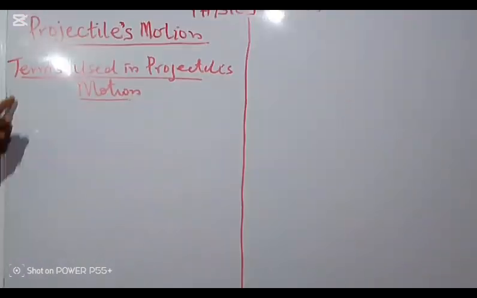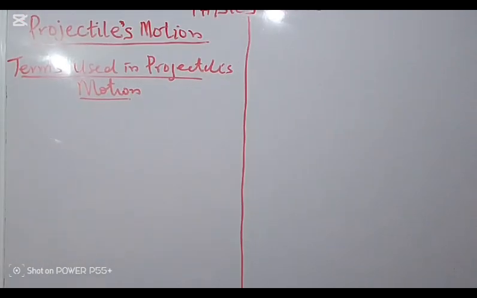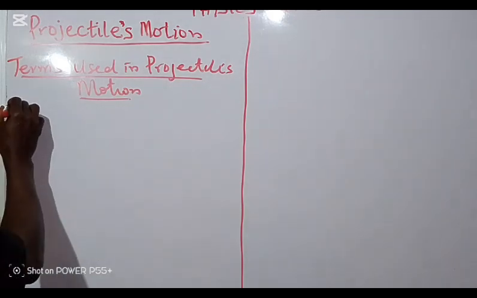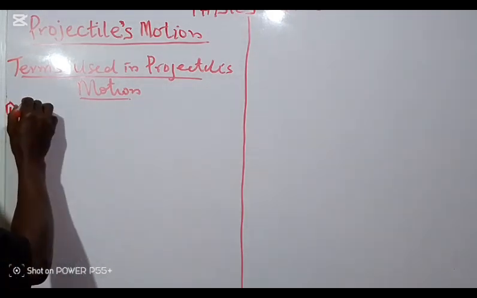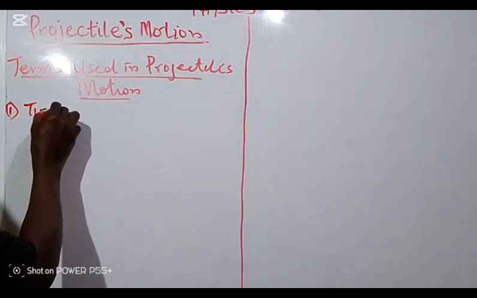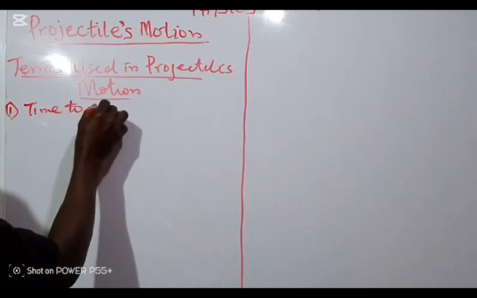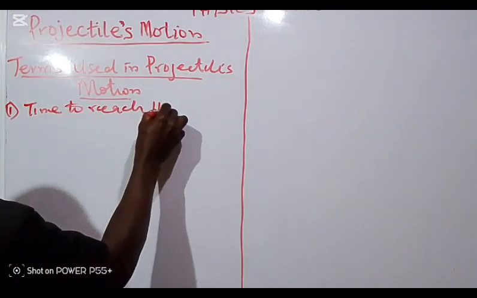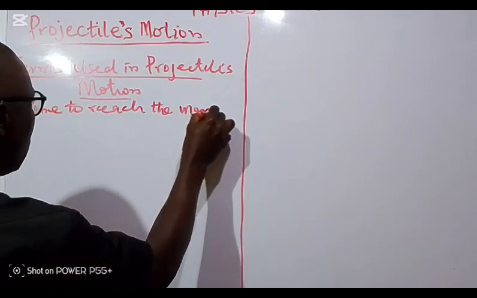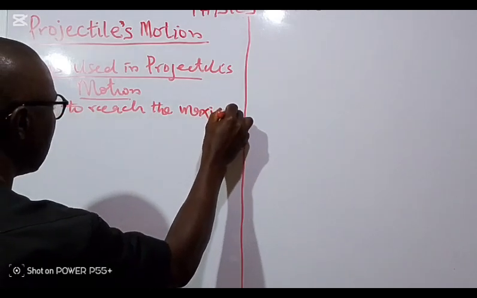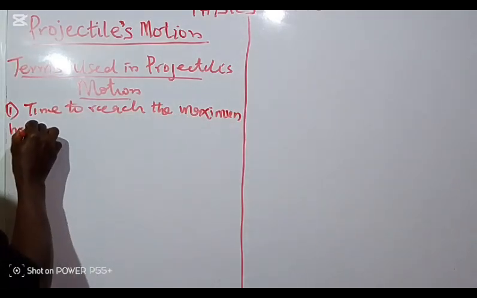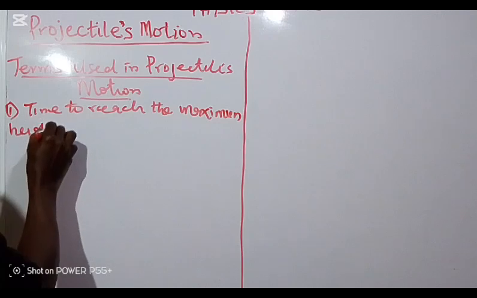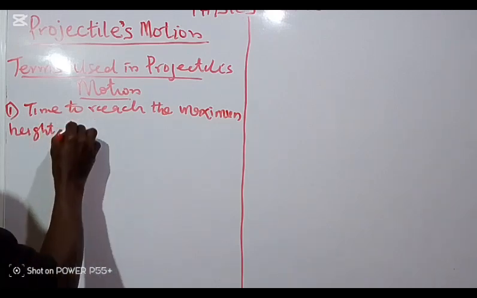Terms used in projectile motion. The first one, number one, is time to reach the maximum height. This one is denoted by small t.